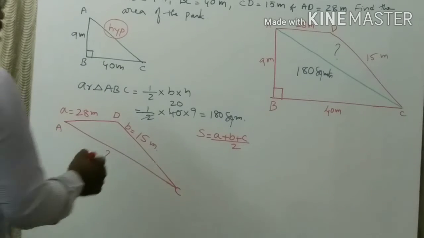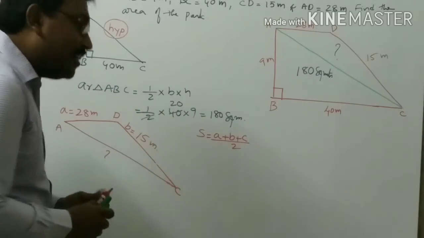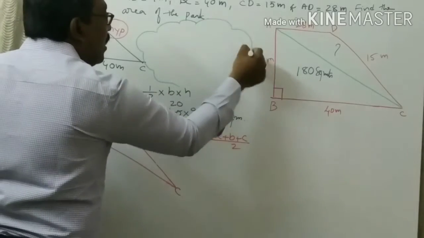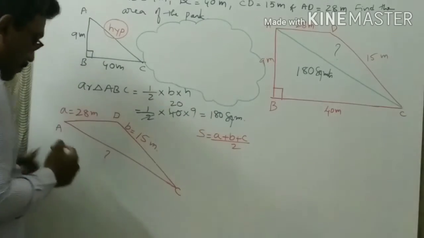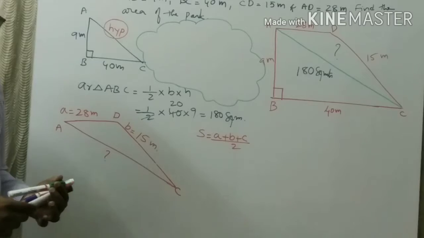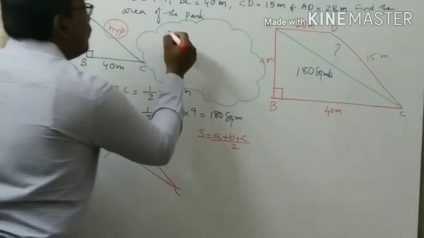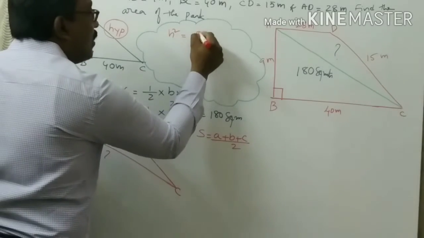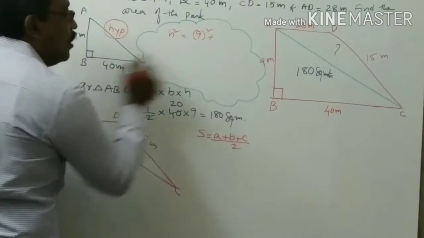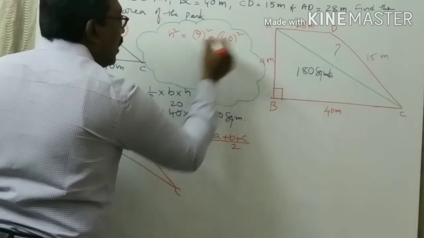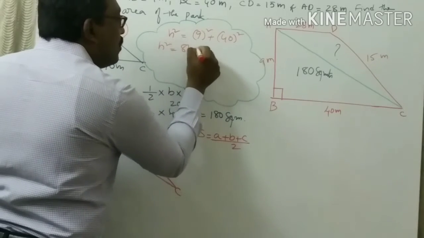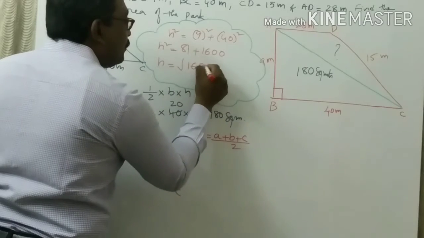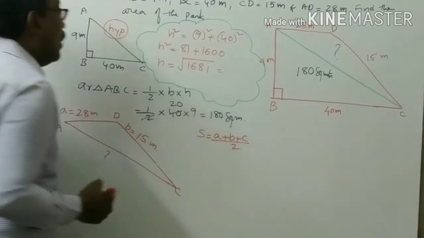We can use here the Pythagoras theorem. Very good. What theorem can you use here? Pythagoras theorem. Side square plus side square is equal to hypotenuse square. So hypotenuse square is equal to side square, 9 square, and one more side square, 40 square. So 81 plus 1600, h is equal to root of 1681.